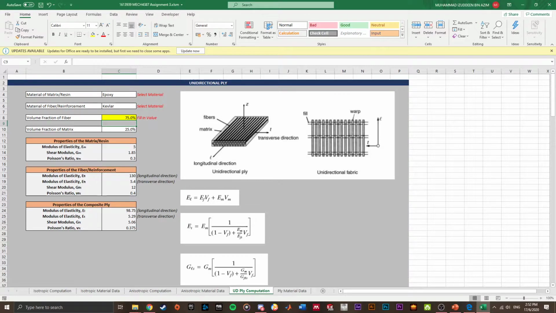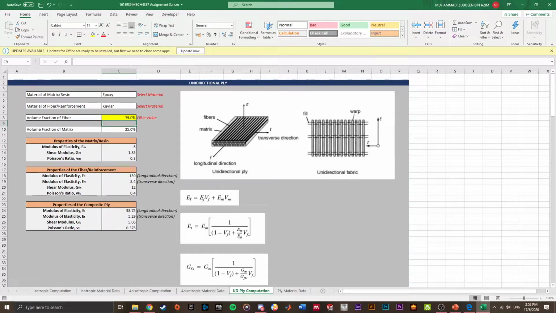The Poisson ratio is the ratio of the elasticity in the transverse direction over the elasticity in the longitudinal direction. It is the negative of that.